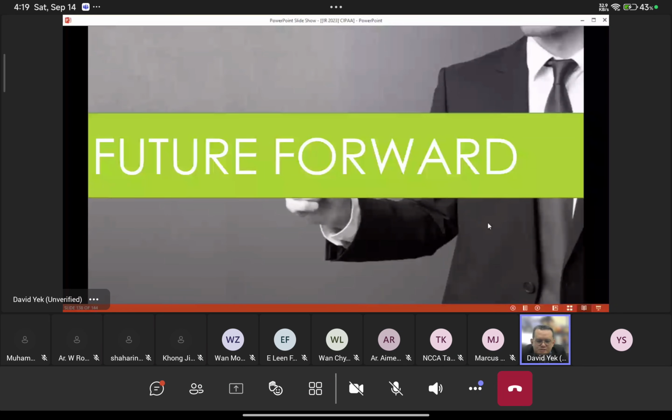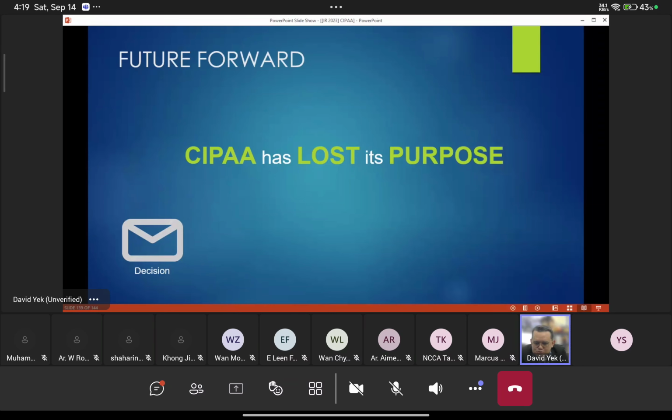Future forward. Now we look at what is the issue with SIPA. Like I told you just now, in the case of S versus M, SIPA has lost its purpose. There are certain clients of mine who say that it's not a question of whether I receive money at the end of the day, it's a question of whether I get a decision in my favor.